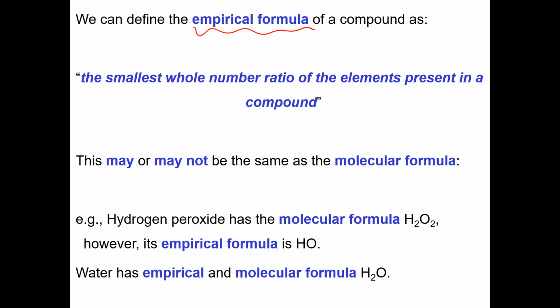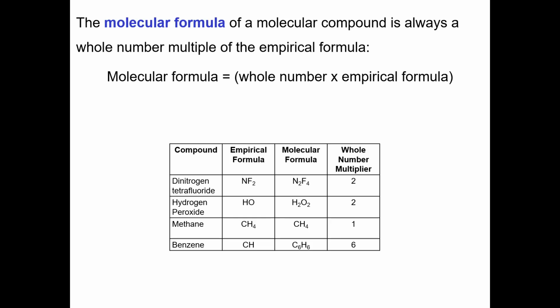So for example, hydrogen peroxide has the molecular formula H2O2. However, its simplest ratio of atom types, its empirical formula, would be just HO. Water has empirical and molecular formula H2O. The molecular formula of a molecular compound is always a whole number multiple of the empirical formula.